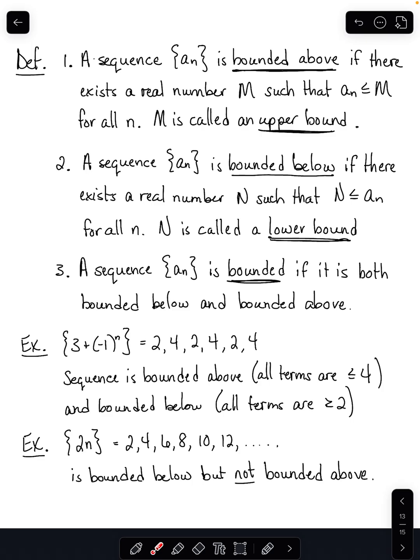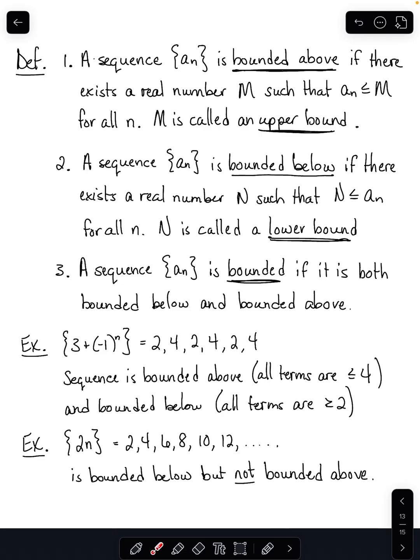I did say that the sequence is bounded above because all terms are less than or equal to 4. However, there are many values that could be considered an upper bound.